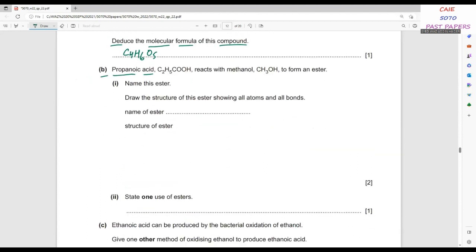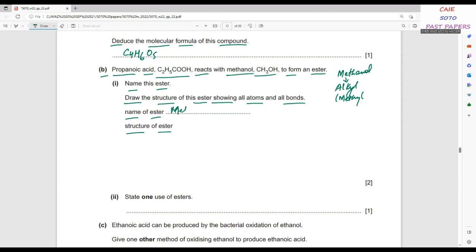B. Propanoic acid C2H5COOH reacts with methanol CH3OH to form an ester. Name this ester. Draw the structure of this ester showing all atoms and all bonds. So how are you going to deduce the name of the ester? The other name for ester is alkyl alkanoate. The alkyl group will be coming from methanol. So you will get methyl.